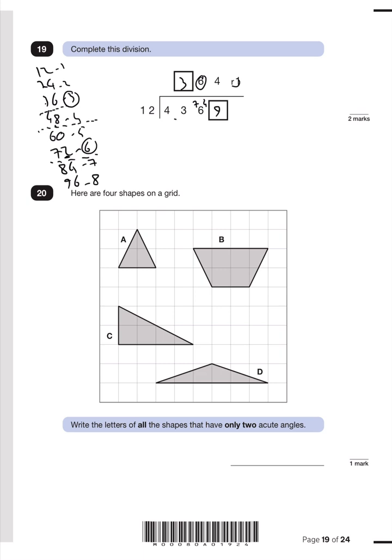Number 20. Here are 4 shapes on a grid, A, B, C, D. Write the letters of all the shapes that have only 2 acute angles, only 2.